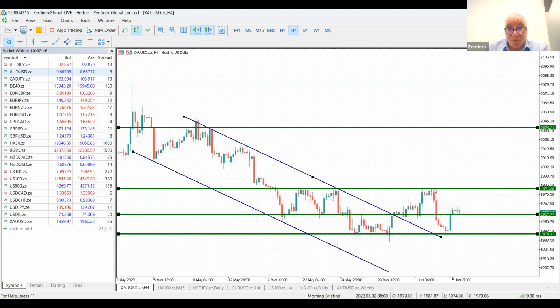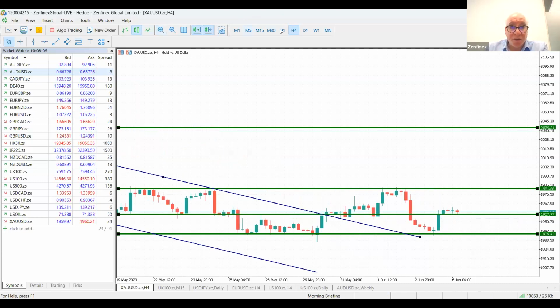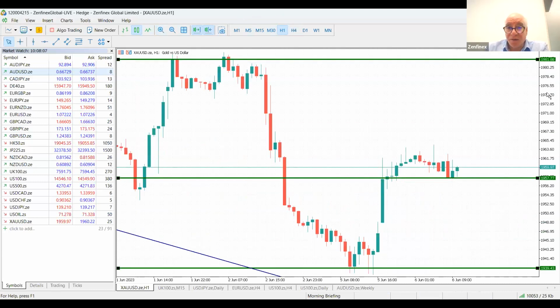At the moment, from the perspective that I'm looking at right now, I can't see a trade here, because this is smack bang in the middle of this range, probably almost exactly in the middle of this range. So I'll be really looking to see, let me see if I can tighten that up a little bit, go to an hourly perspective.